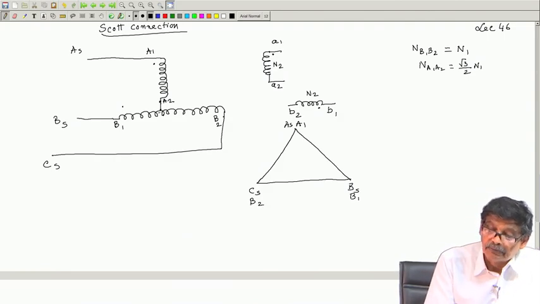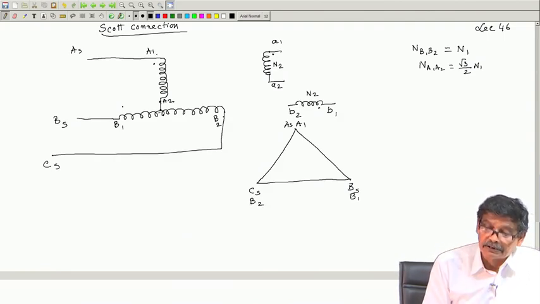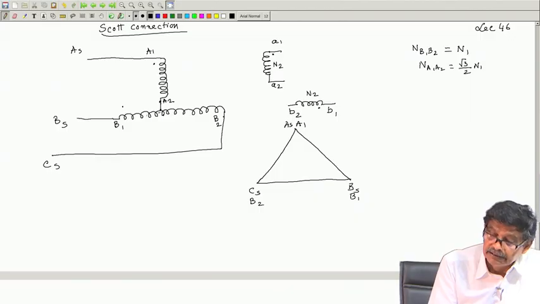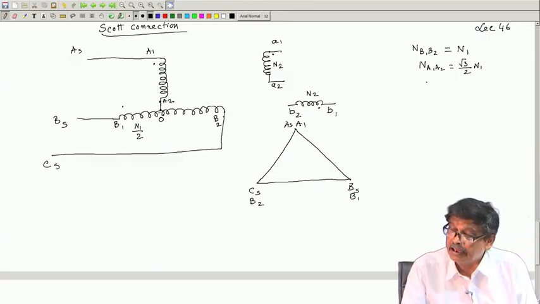Now, the question is what will be the applied voltage across A1 A2. Mind you, in this transformer B, primary has a tapping at 50%, and that point I called O, such that the number of turns this side, that is N B1 O, is equal to N B2 O, these are equal to N1 by 2.